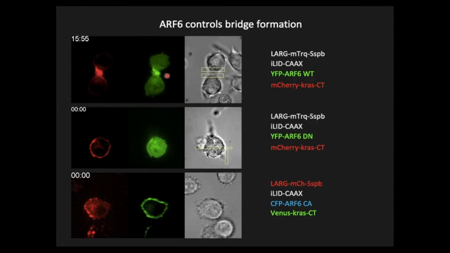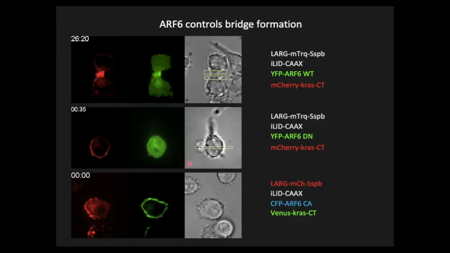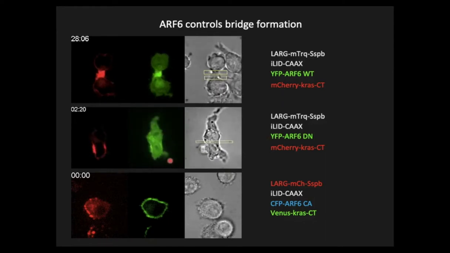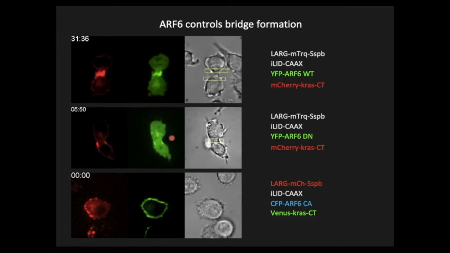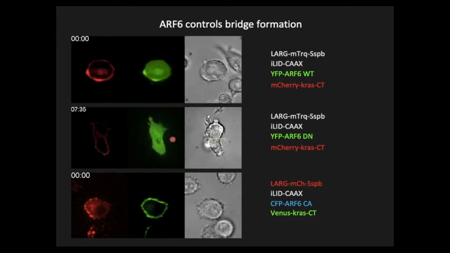In the second movie, we knock down ARF6 by using a dominant negative in the green channel, and the red channel is our membrane marker. You will see the cell contracts, but it cannot form a furrow.